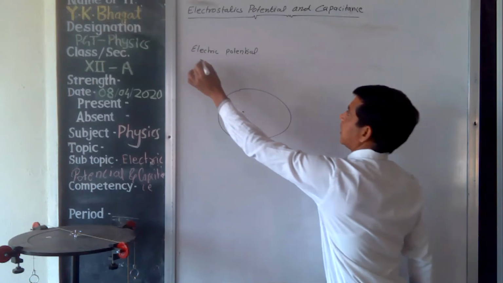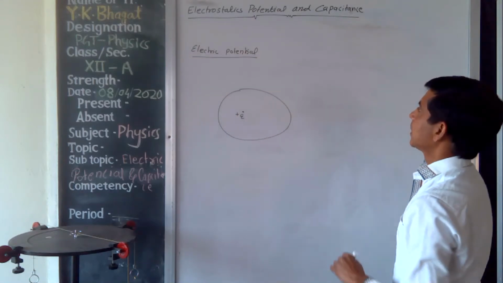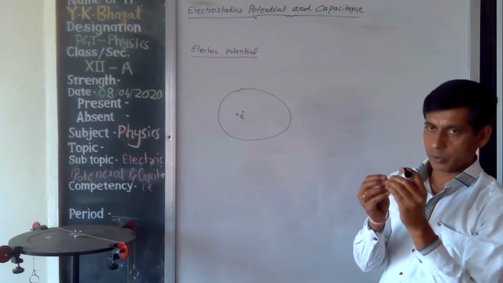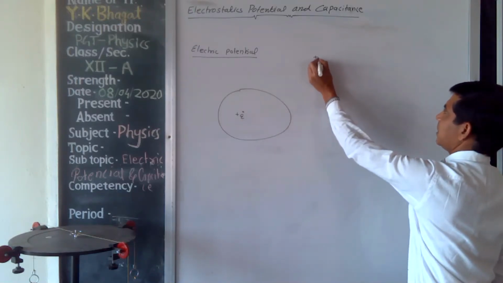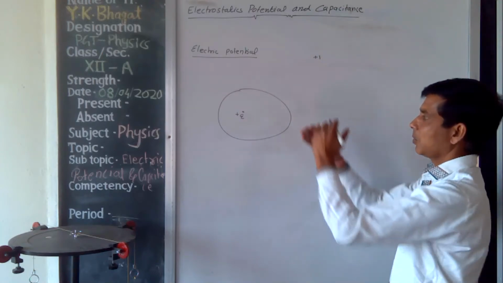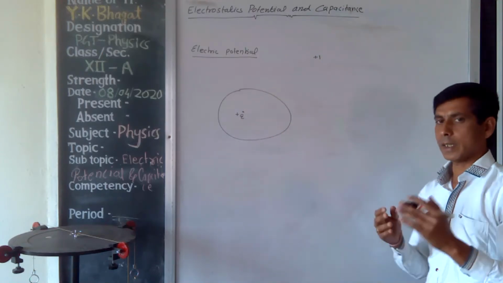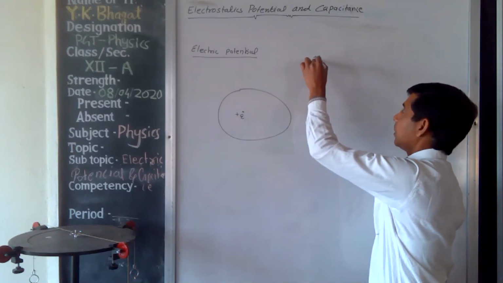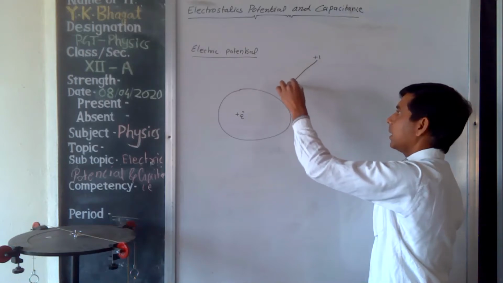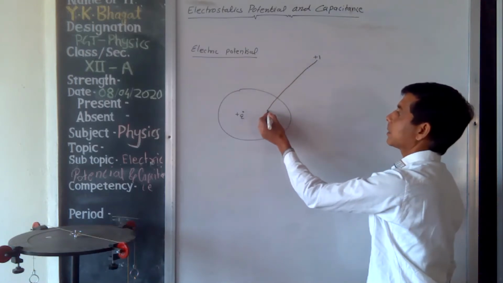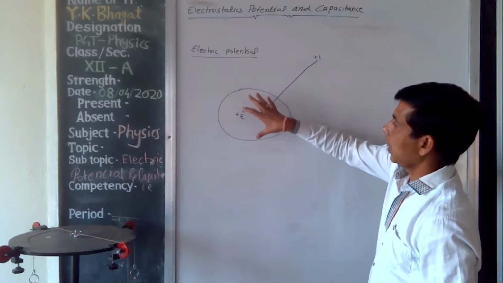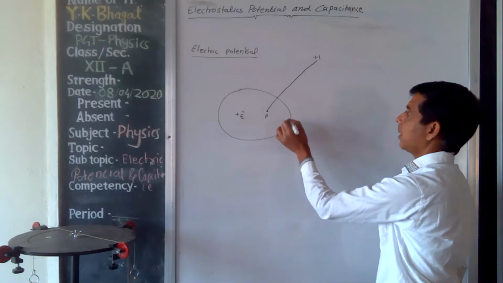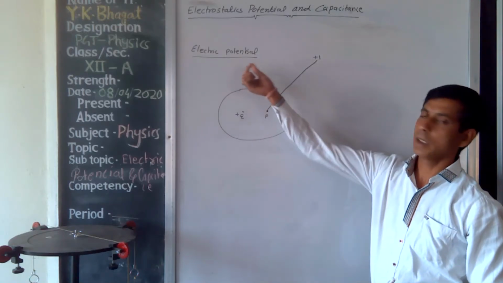The definition of electric potential is the work done to bring a unit positive charge. Suppose we have a unit positive charge here outside the electric field, treated as infinity. When we bring the unit positive charge from infinity to any point of the electric field of that charge, the total amount of work done is called electric potential.